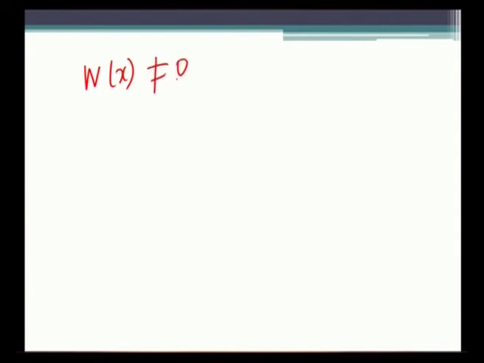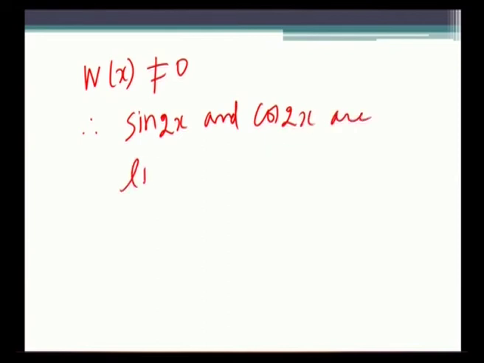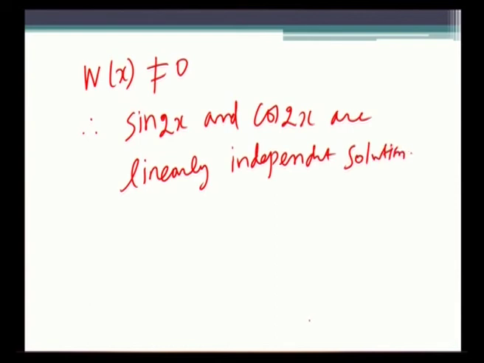Therefore, sin 2x and cos 2x are linearly independent solutions of the given differential equation. This is how we can check whether the given solutions are linearly independent or not.